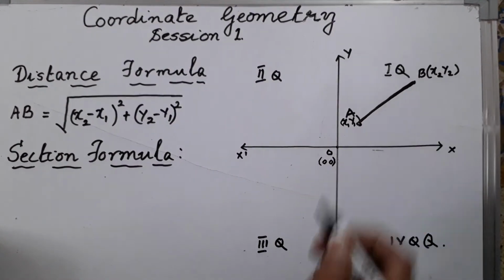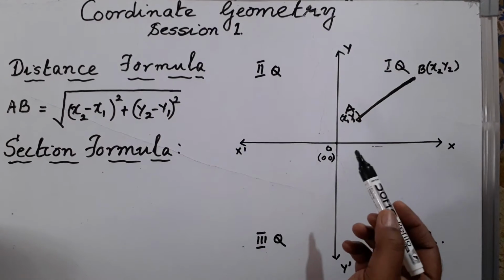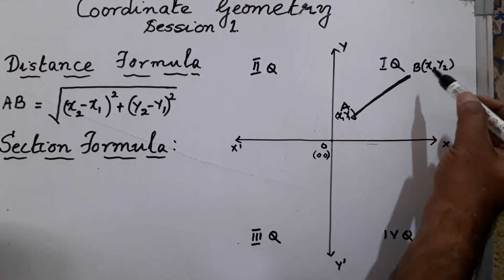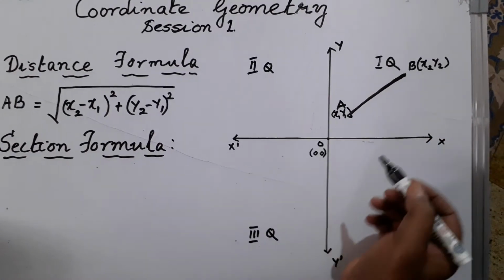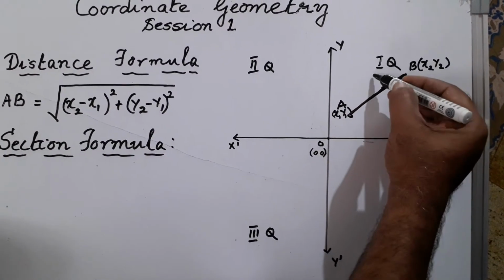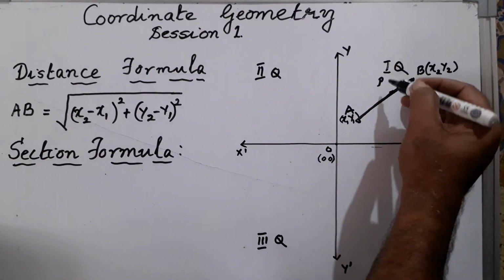There are 2 points A and B. I have chosen the 2 points in the first quadrant. The coordinates of A are x1, y1 and the coordinates of B are x2, y2. There is a point P in between A and B.